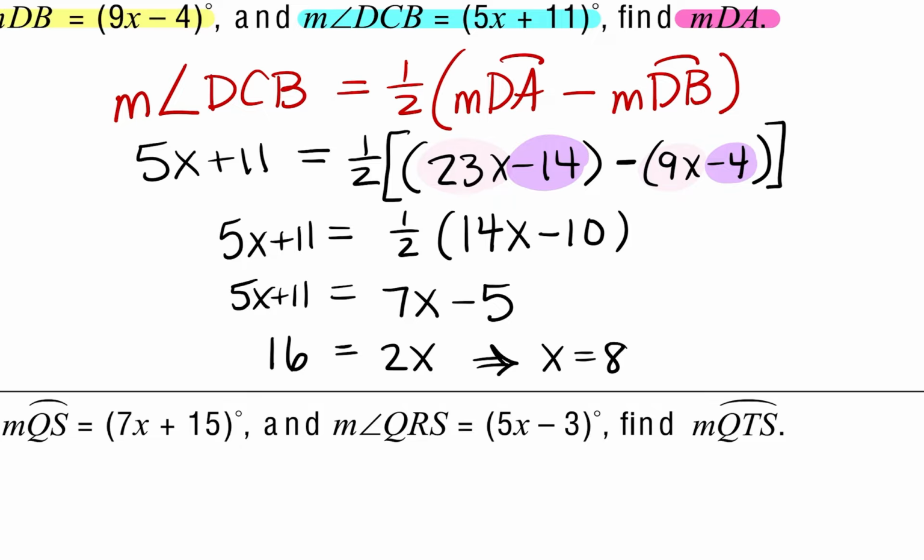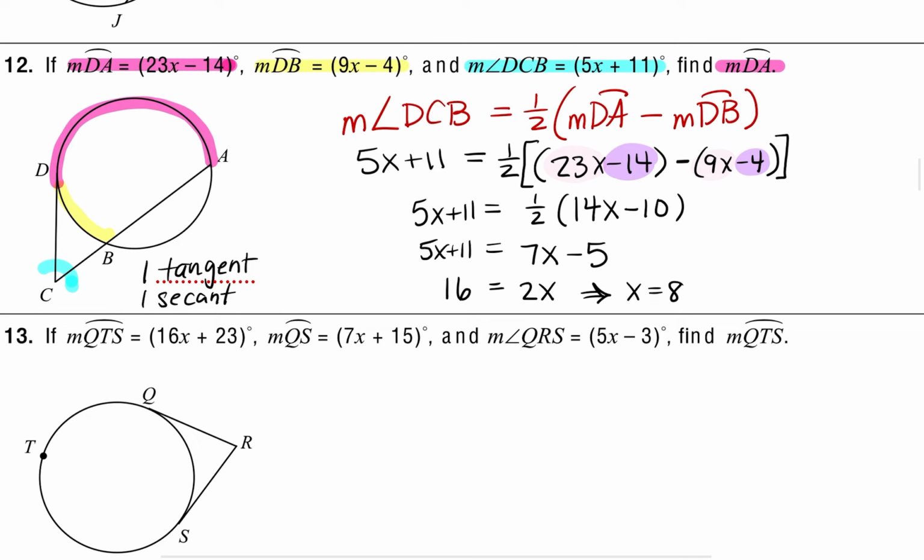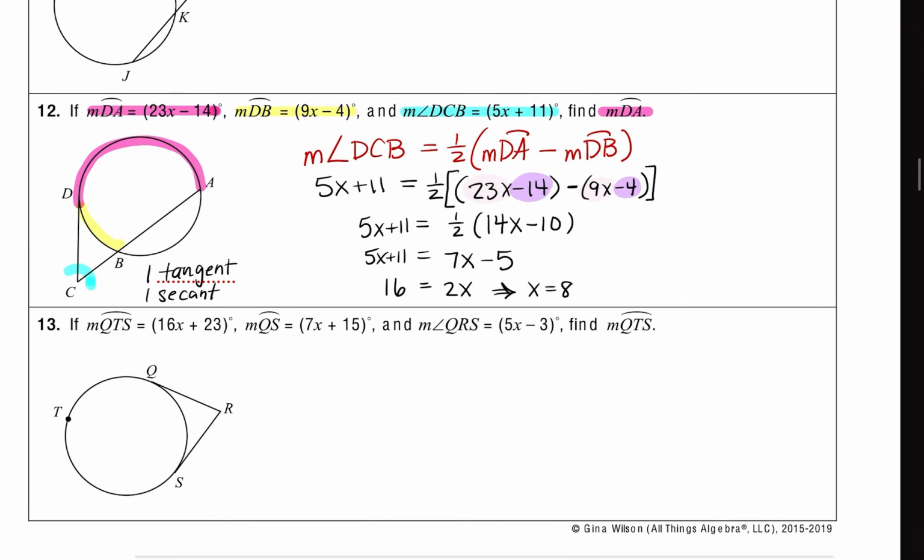Now that I found x, all I have to do is go back and plug it in to the measurement of arc DA. So we're doing 23 times 8 minus 14. 23 times 8 and minus 14.